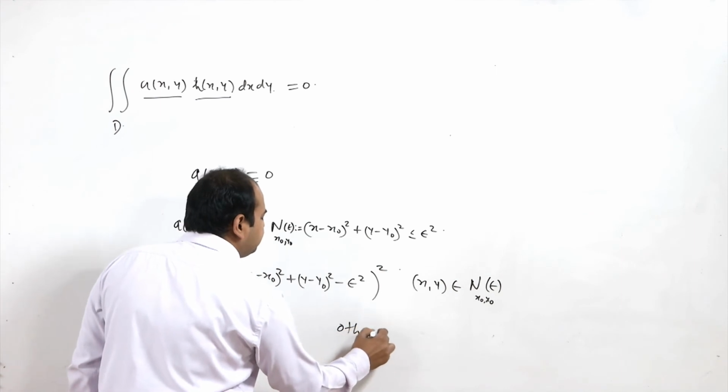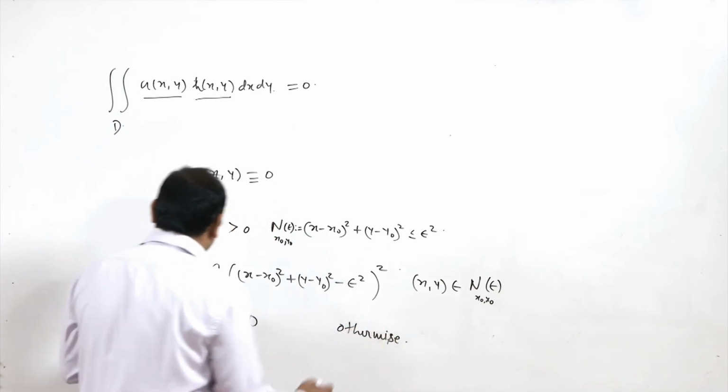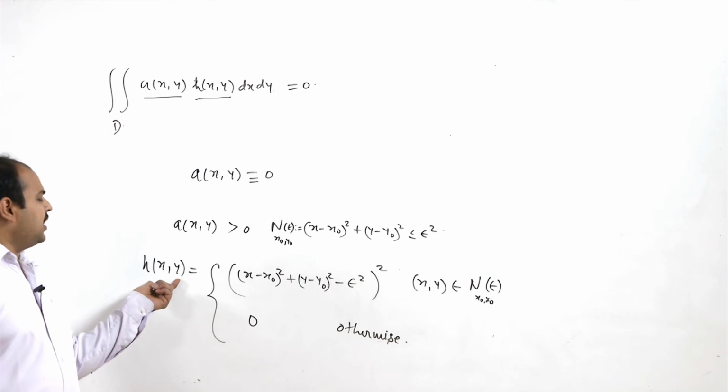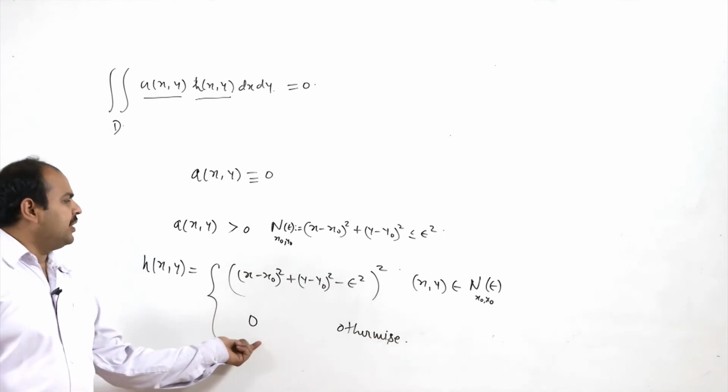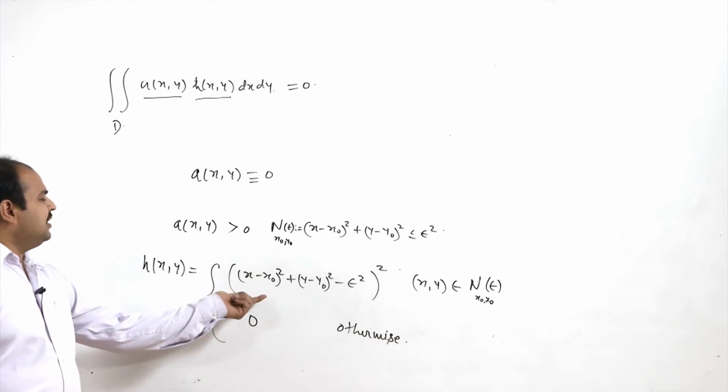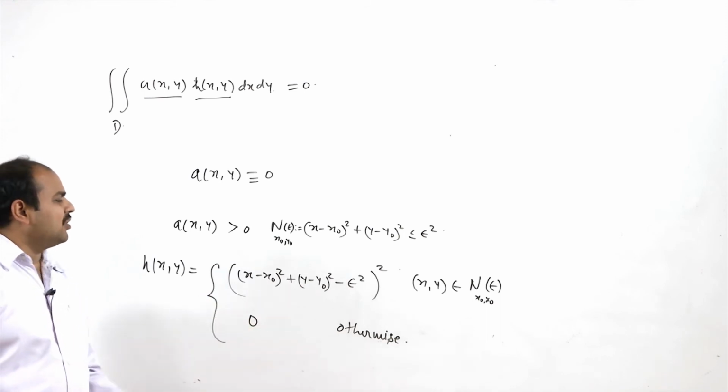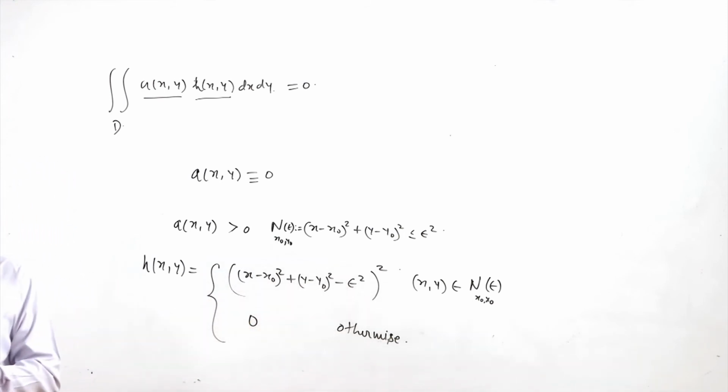If we take h(x,y) like this, then h(x,y) will be 0 on the boundary, and it satisfies the condition that the first and second order derivatives are continuous.